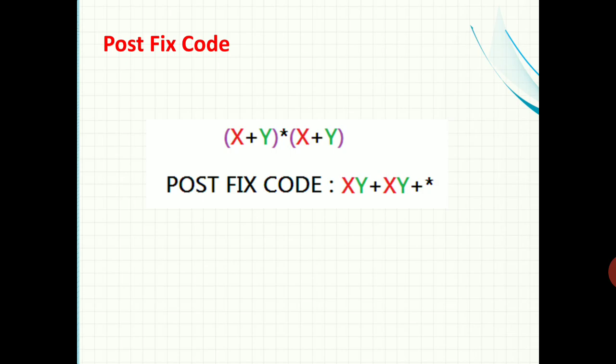So the code will become x y plus star x y plus. Then we apply the star operator, and the corresponding PostFix expression will become x y plus x y plus, then at the end star.